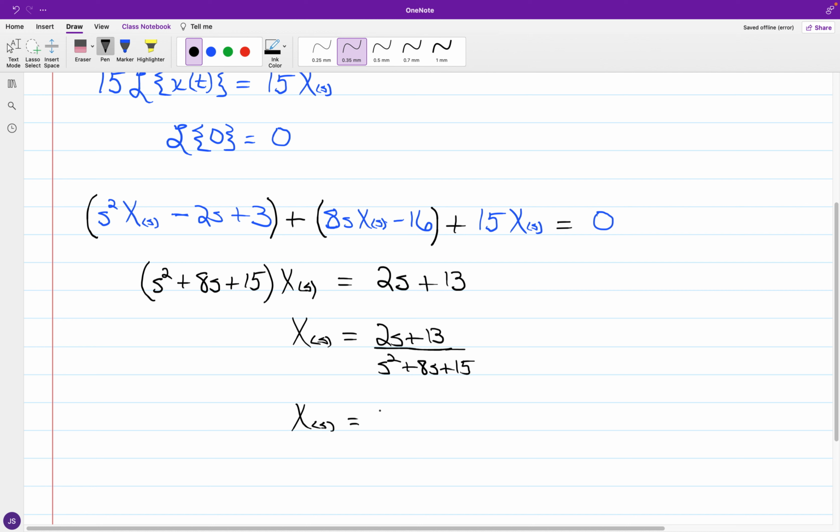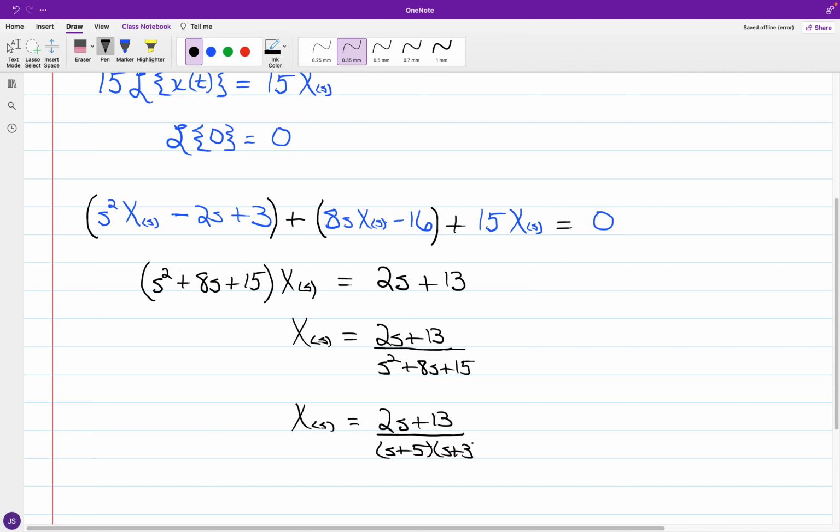Here we have a trinomial that is factorable. In the denominator, we have the quantity of s plus 5 and that of s plus 3, and I can set things up in terms of partial fraction decomposition.